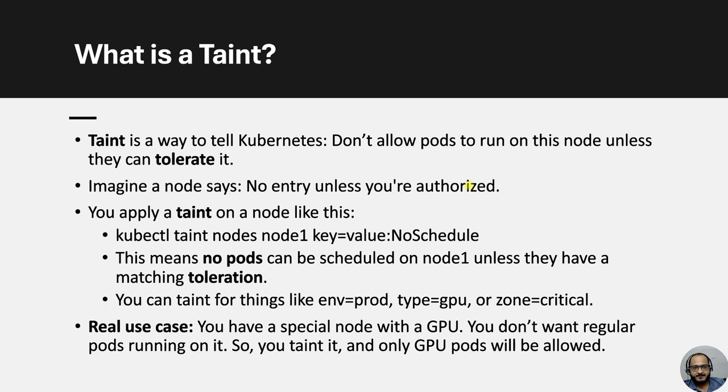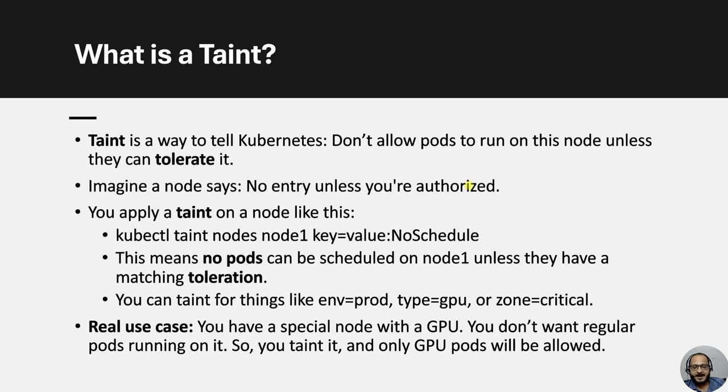In one worker node we have defined a lot of memory and CPUs. Basically we have set up that particular worker node to run production level applications. So how can we tell Kubernetes, okay, I need to run my application on this particular worker node? For that we use taints and tolerations.